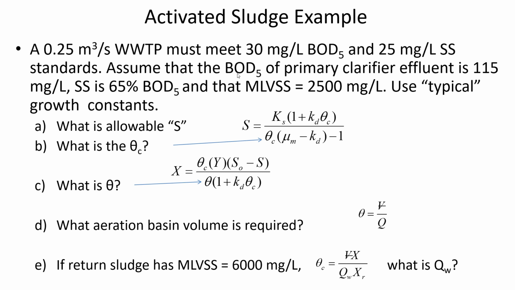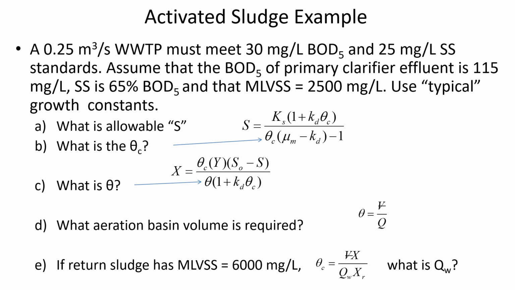This is saying that the BOD in the primary clarifier is 115 milligrams per liter. So that's what comes into our aeration basin, because here's the primary clarifier, and then it's our aeration basin with lots of little bubbles in there, the secondary clarifier. So this is primary sludge. And here's the effluent from our primary clarifier, which is going to go in here.